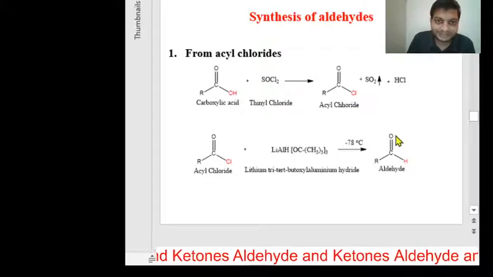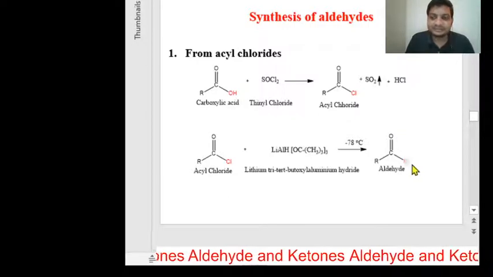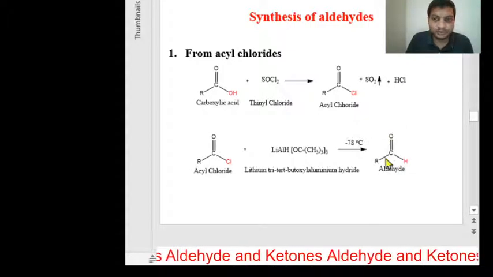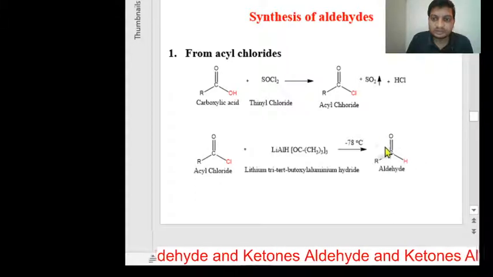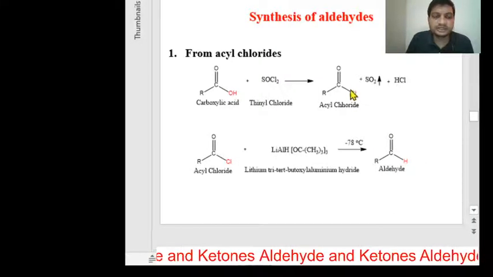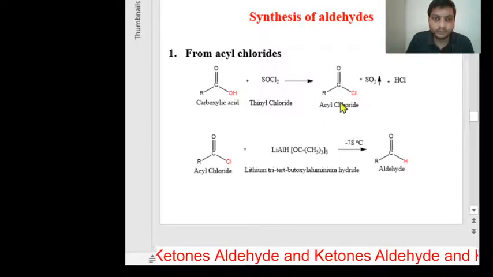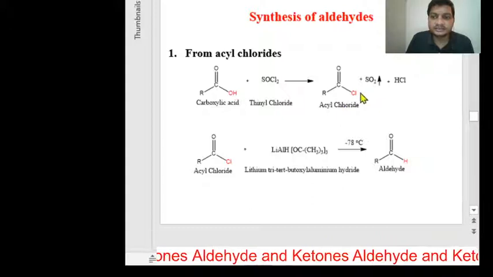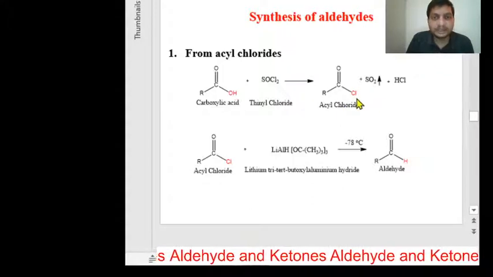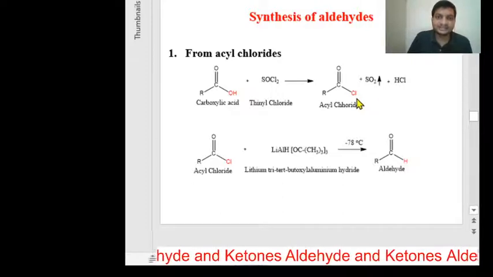Everyone knows that the aldehyde contains the functional CHO bond. Here the acyl group is RCO, attached to the chloride. So first, it is important to synthesize the acyl chloride.